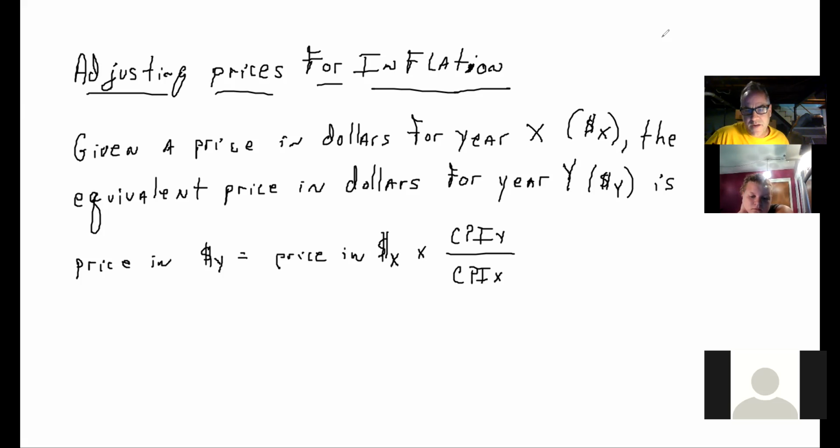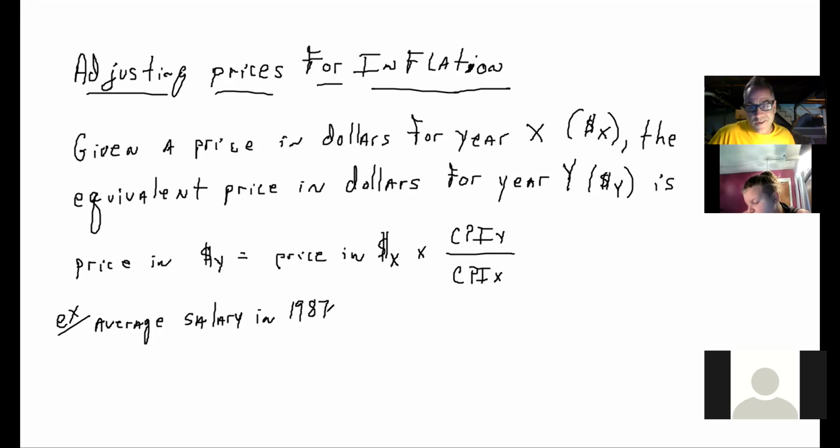All right, so we're going to compare using our formula here. Let's take as our example the average salary in 1987, 3 years after I graduated high school, for a Major League Baseball player.